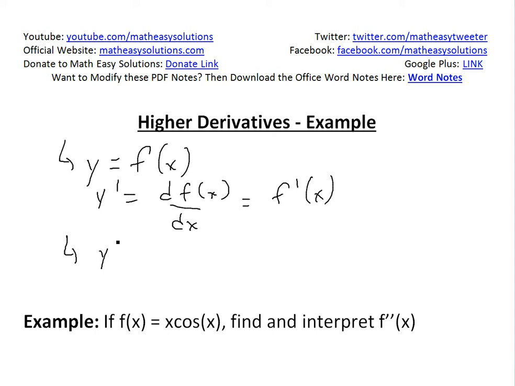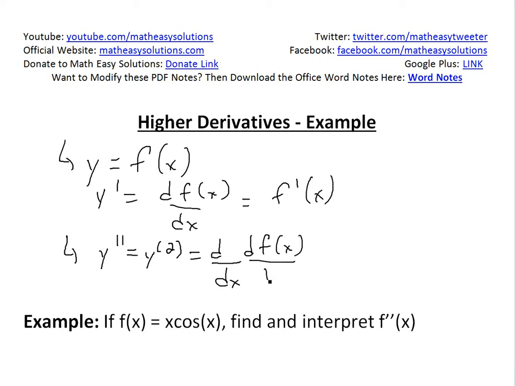and then you'll get something like y double prime. So this could be written as y bracket 2, meaning the second derivative, and this would equal d of the derivative of f of x right here.